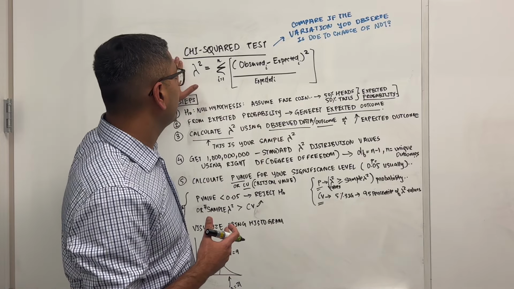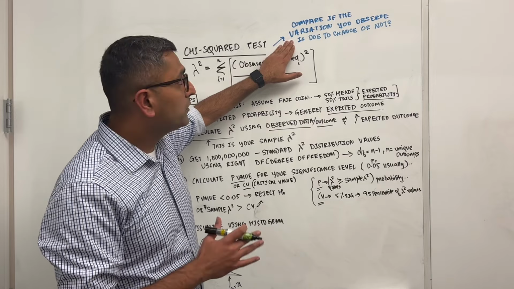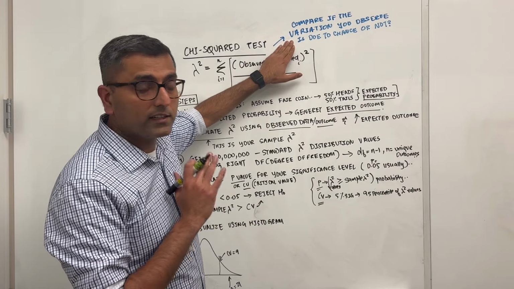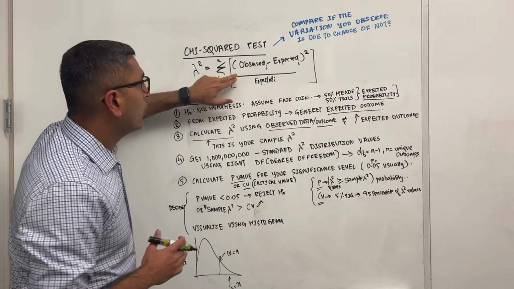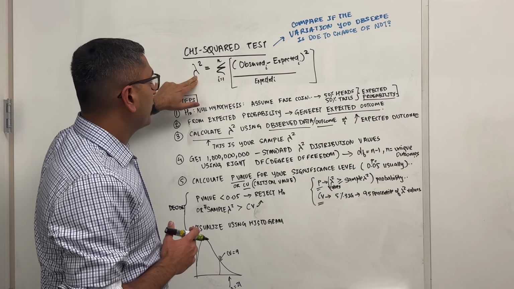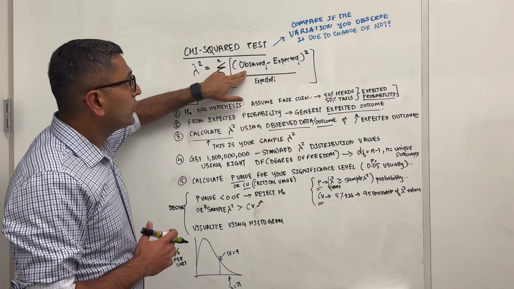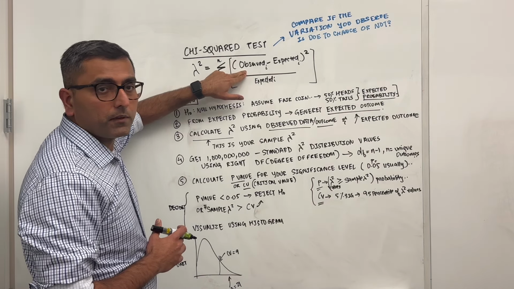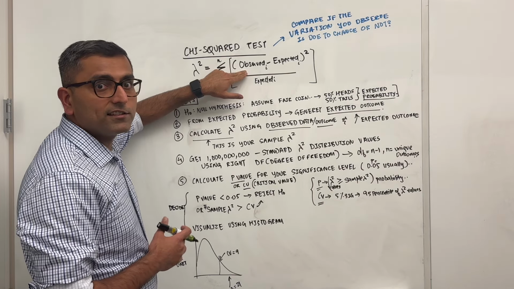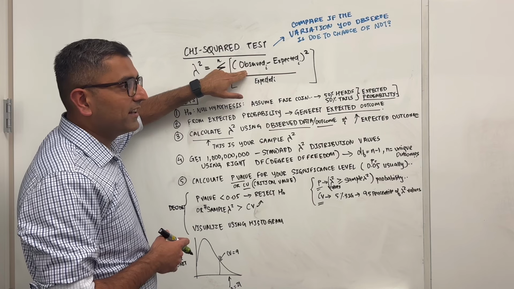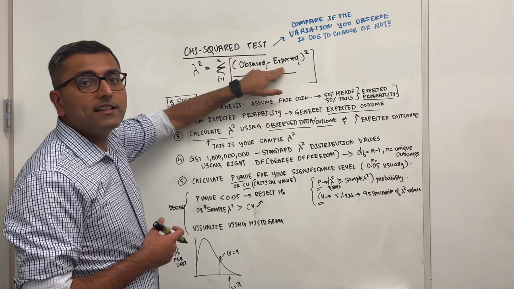So the chi-square test helps us understand whether the variation that we are observing is purely due to chance or there is really some embedded information that you need to act on. The formula for the chi-square test to calculate the sample chi-squared: you look at the observed data points, in this case 30 heads and 70 tails, and then you expect to get 50 heads and 50 tails.